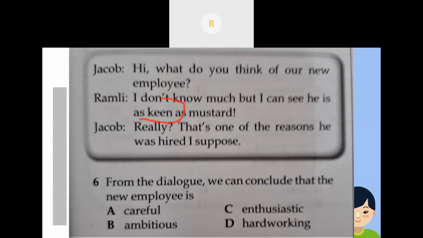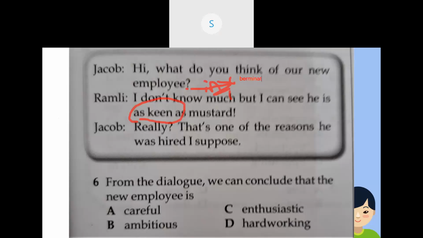So what is the meaning of key? Key means something new. Teacher, that's one of the reasons he was hired. It's a positive thing, right?